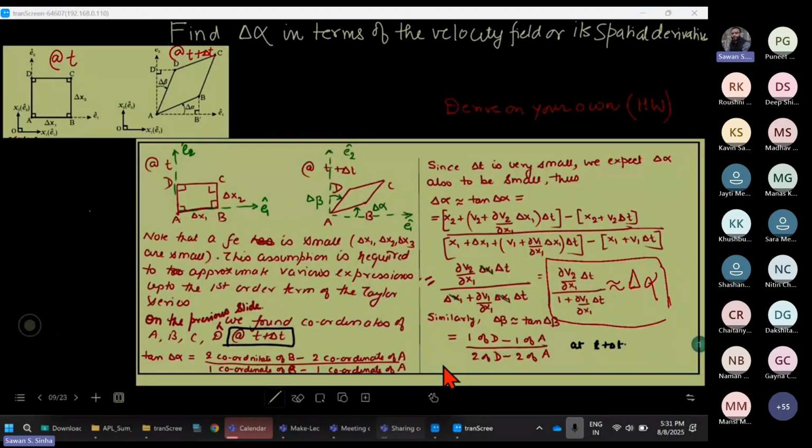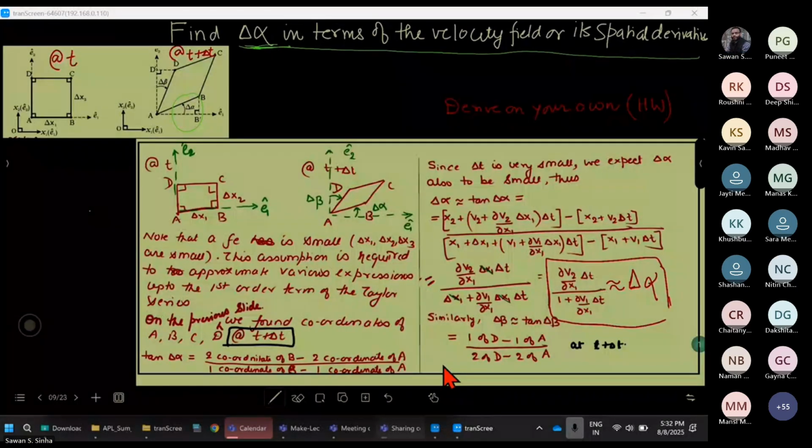All right, so what next? I want to find delta alpha. Remember, delta alpha, this angle, I want to find in terms of the velocity field or its spatial derivatives. I want to find delta alpha because I want to know (delta alpha plus delta beta) by delta t, the rate at which these edges will collapse towards each other.